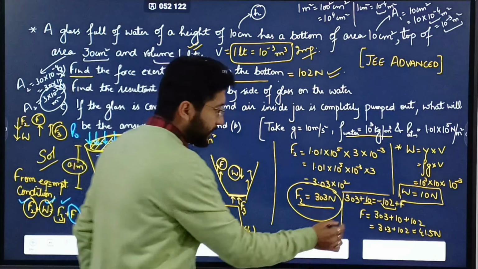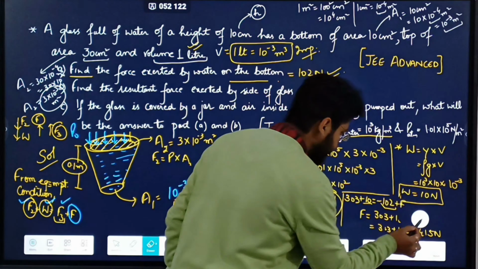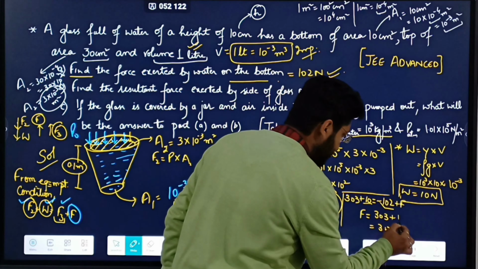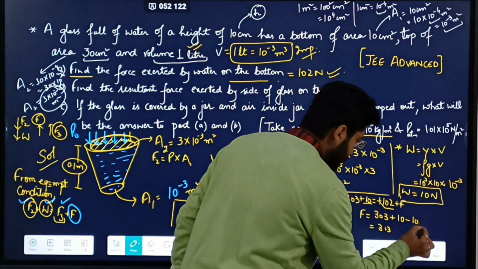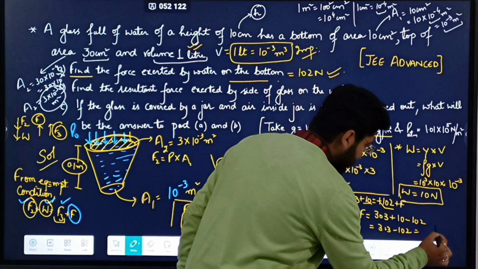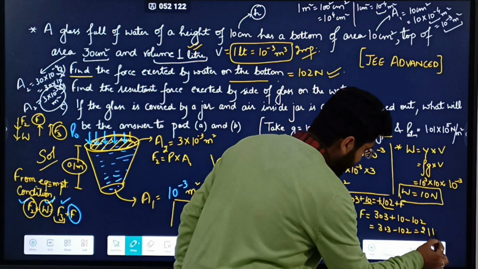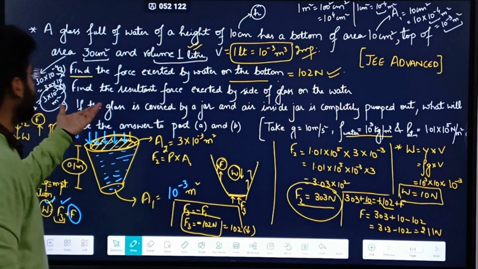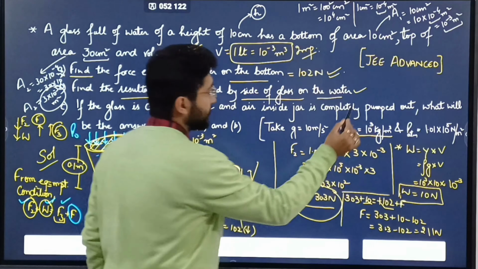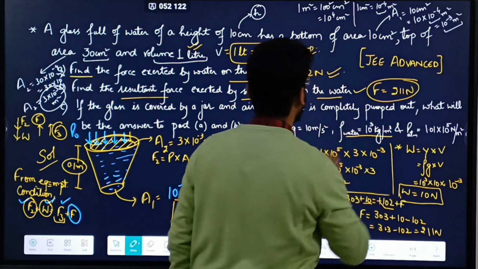So F is 303 plus 10 minus 102 into minus 102, which comes to be 211 Newton. And this is the resultant force exerted by the side of the glass on the water, which comes to 211 Newton.